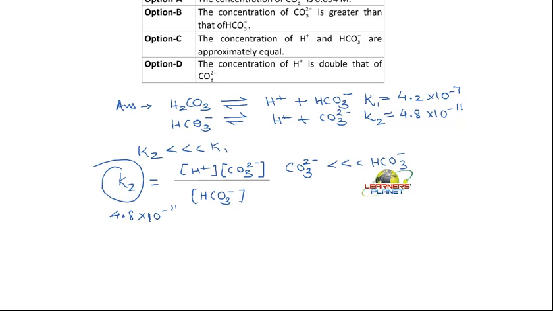Now if I am writing K1, K1 is equal to [H+][HCO3-] divided by [H2CO3]. So here the value of the equilibrium constant is more. It is 4.2 × 10^-7, more than K2.